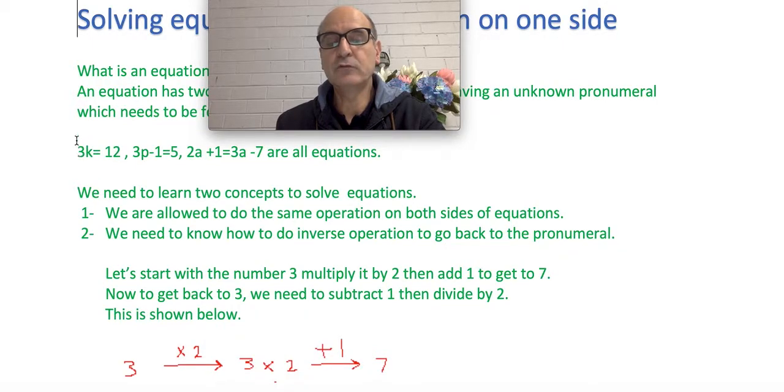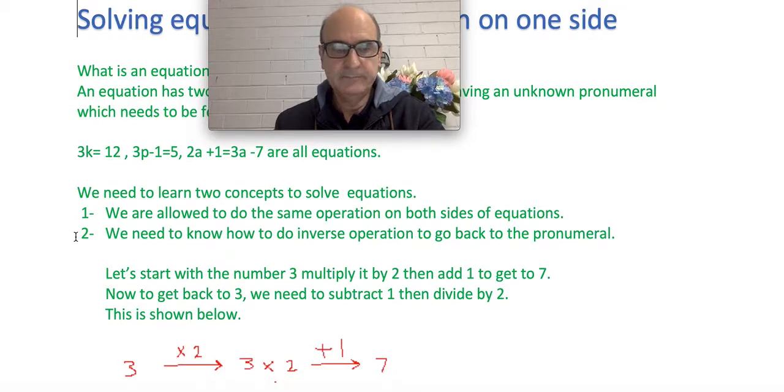I got to do the inverse operation or reverse operation. 3 times k, so k has been times by 3. The opposite of timesing is dividing, so I need to divide by 3 to go back to k. But as we said, based on the first rule, if I'm dividing this by 3 so that I go back to k, I got to do the same to 12. I got to divide 12 also by 3.